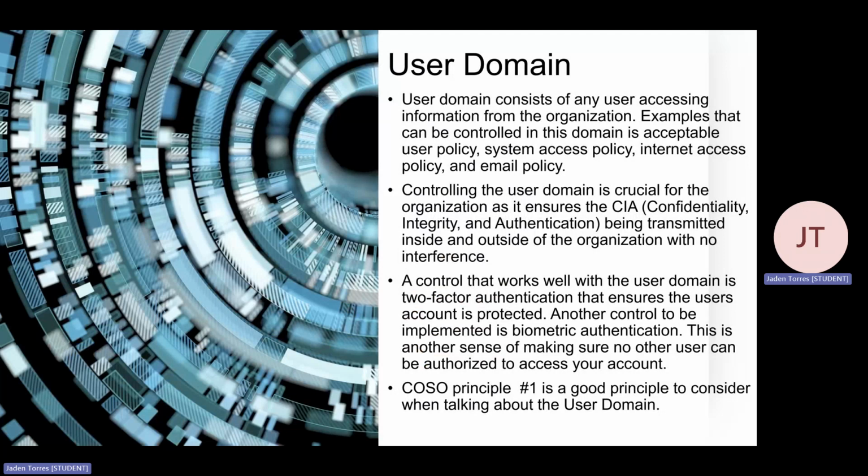This is good to ensure whatever the user's accessing is protected, is full with the truth and is authenticated by the organization itself. No third party should be intervening with this information that is from us.